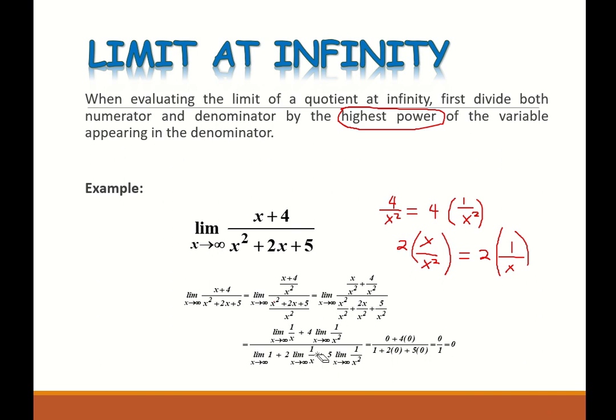So substituting the values, what you are going to see here, class, is just look at the fractions: 1 over x, 1 over x squared. When you substitute infinity, 1 over infinity or 1 over infinity squared is equivalent to 0. So that's why we have this after the substitution. This part, 1 over x as x approaches infinity, is 1 over infinity, which becomes 0.